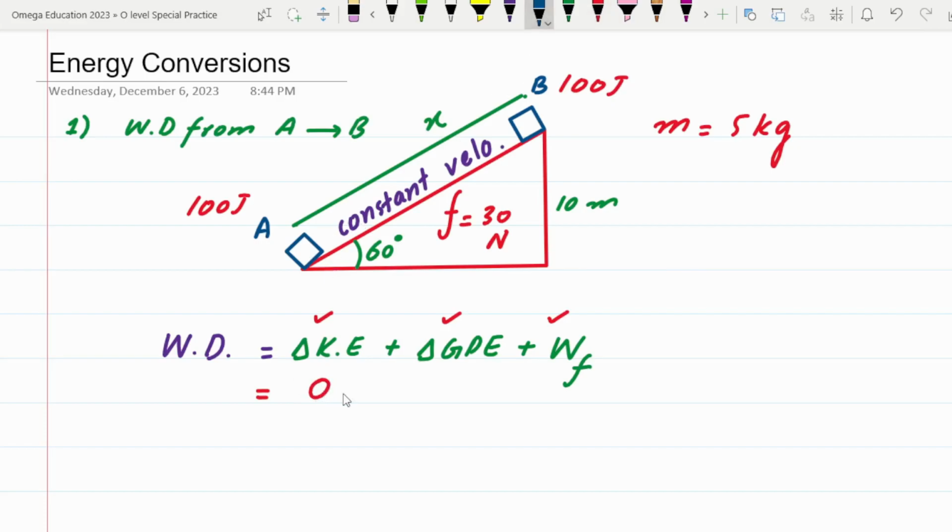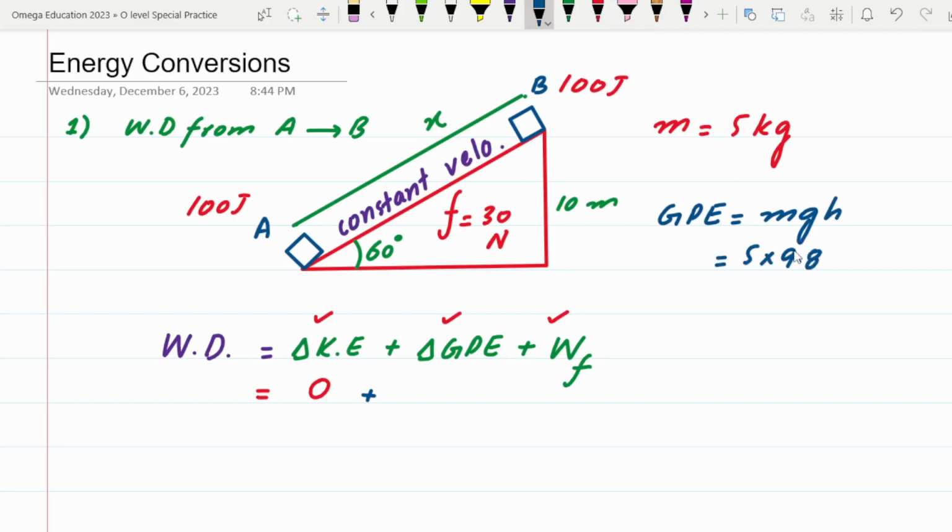Plus, what would be the change in gravitational potential energy? At this point, there is no gravitational potential energy because it is at the ground. The height is 0. So at the point B, it would gain gravitational potential energy, and we can sort it out by the formula GPE equals mgh, and the mass is 5. g is taken as 9.81.